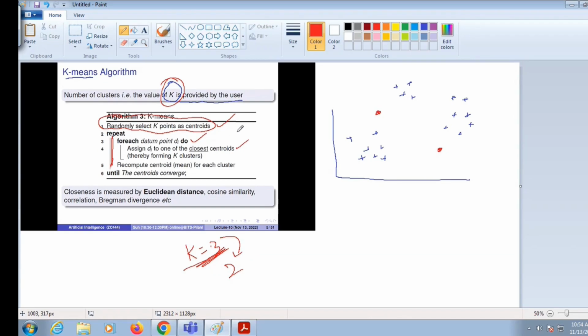For every data item, if I draw a line like this, all the points on this side would be near to this point, and all the points after this line would be near to the other one. So I assign every data point to one of the clusters. These points are assigned here, these here, these here. Yes or no? This part is clear.